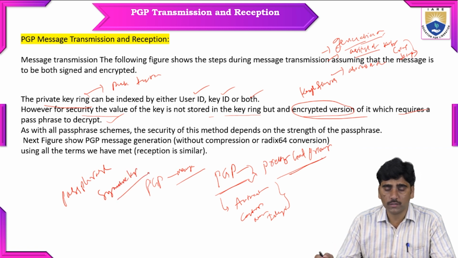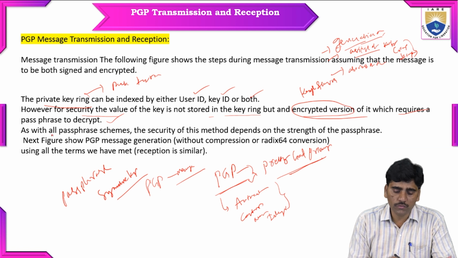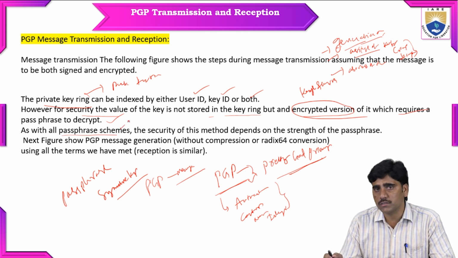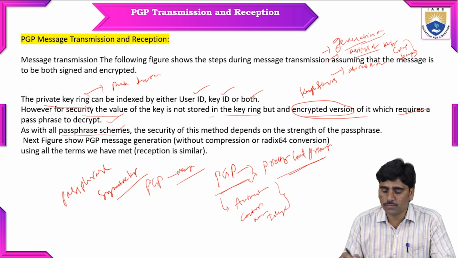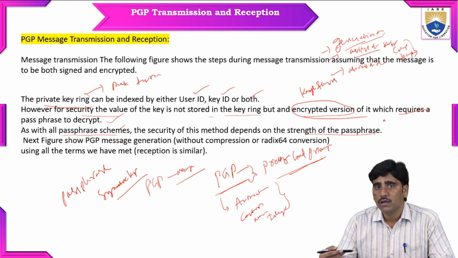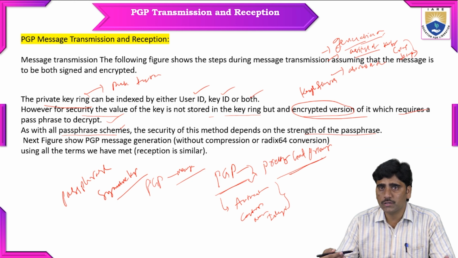As with all passphrase schemes, the security of the method depends on the strength of the passphrase. When you apply more security, the strength of the passphrase increases, but the applying method is important.